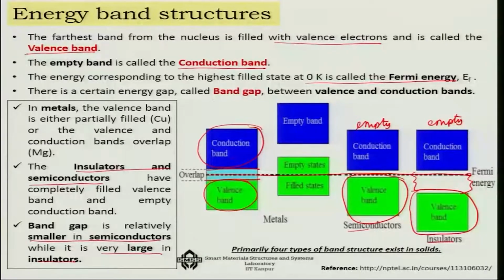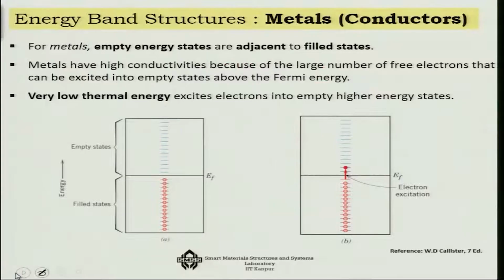So, in the case of metals, you need to supply only a little amount of energy so that the electrons can start to flow in the conduction band and cause the current flow. For metals, empty energy states are adjacent to filled states, they are very close, and metals have high conductivities because of the large number of free electrons that can be easily excited into empty states above the Fermi energy level.